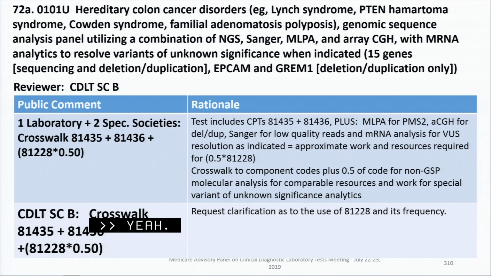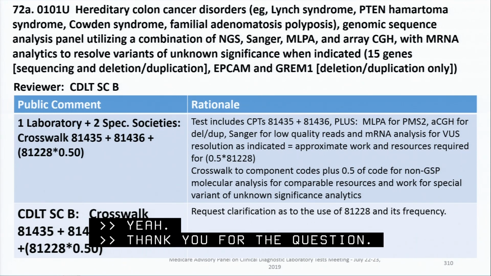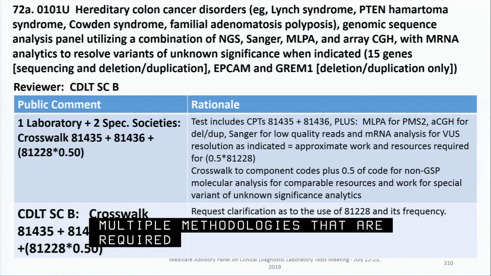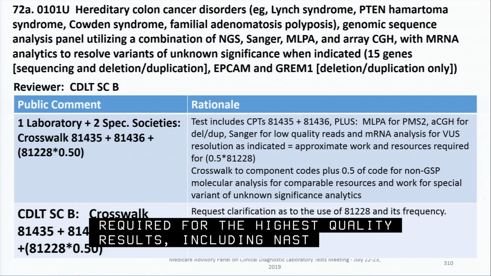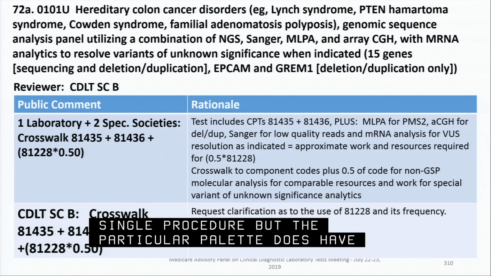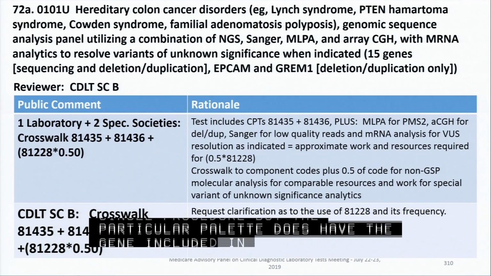Yes, thank you, and thank you for the question. As you can see in this descriptor, it does clearly call out the multiple methodologies that are required to produce the highest quality result here, including not just the NGS or single procedure, but the Sanger, MLPA, array CGH, and mRNA for VUS. This particular panel does have the PMS2 gene included in it, which would require MLPA analysis for a few of the exons 100% of the time.